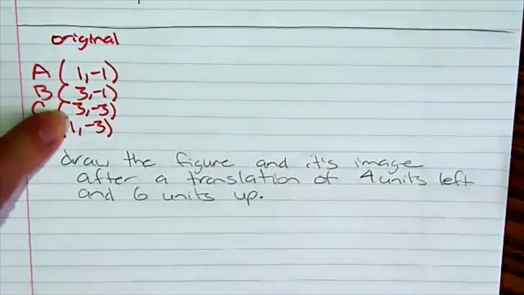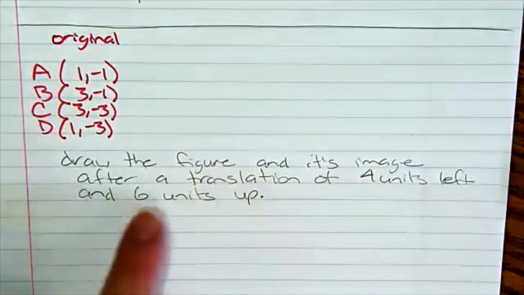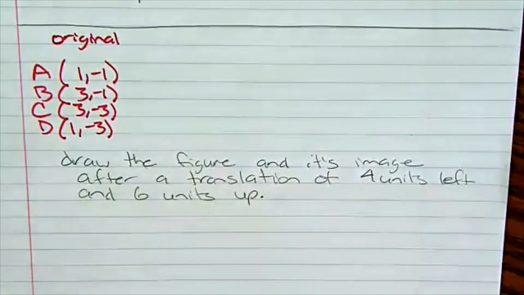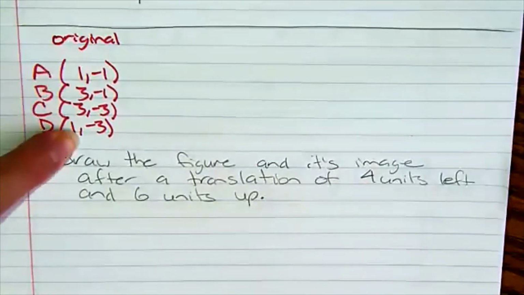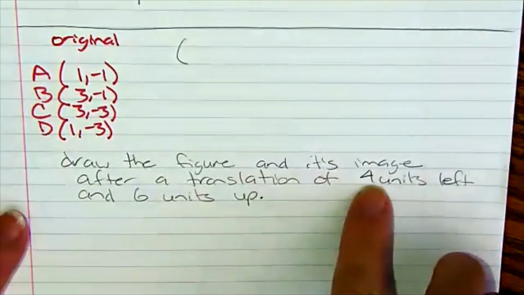So they're giving us these points and they want us to draw the figure and its image after a translation of 4 units left and 6 units up. Okay, so here's my original points. Let's take a look at what the translation is asking us to do.